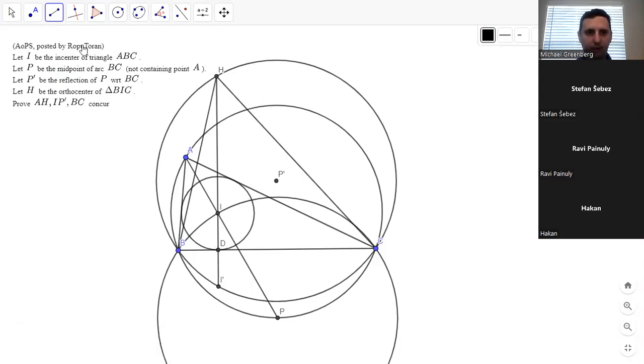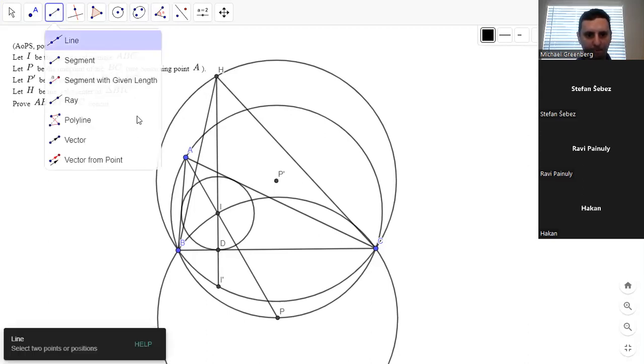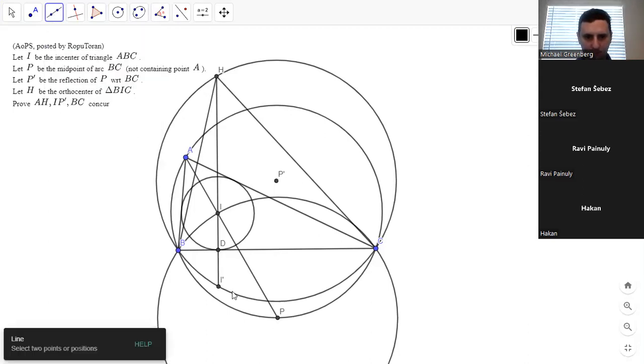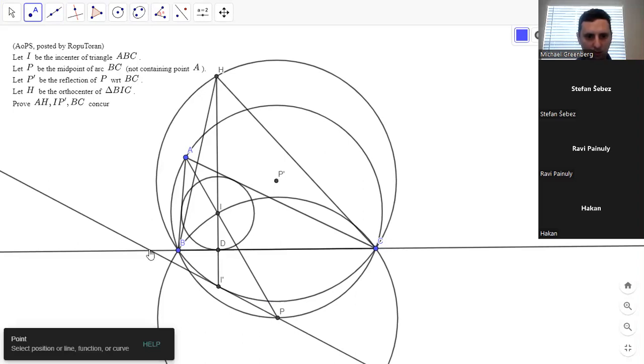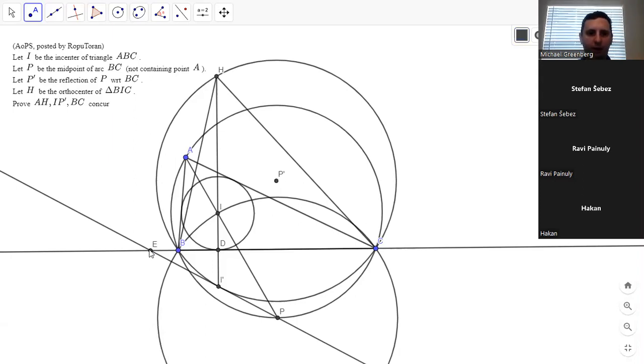So basically, we want to show AH passes through that. Yeah, we're just using symmetry, right? We just need to show AH and E are collinear.